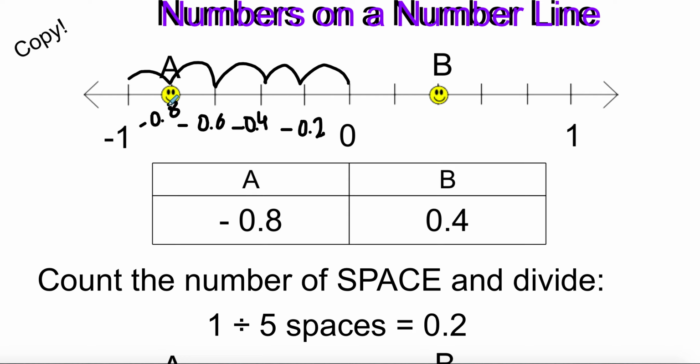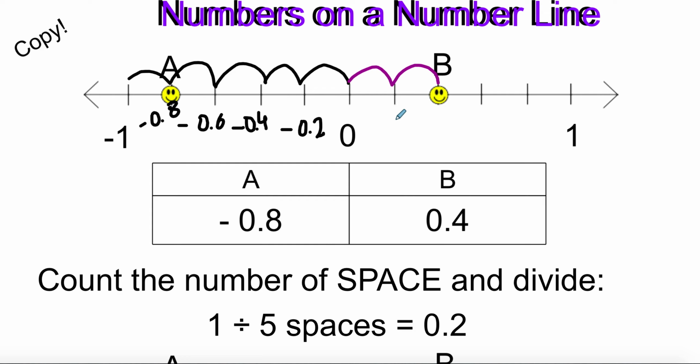0.2. Now what about point B? Point B is the same thing, right? Let me change the color. Let's start from 0. So from 0, 1 space, 2 spaces, right?